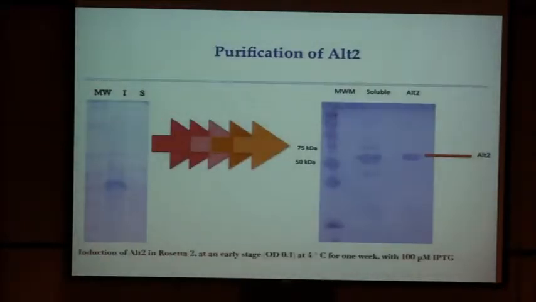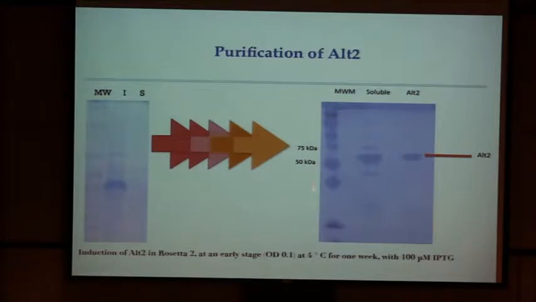In the case of L2, we used another protocol to overexpress the protein, because at the beginning all the protein went to inclusion bodies. But then we found a procedure to get the protein soluble. We used the protein in the early stage of growth of the culture, for 1 week at 4 degrees.